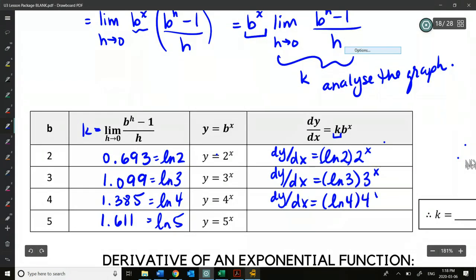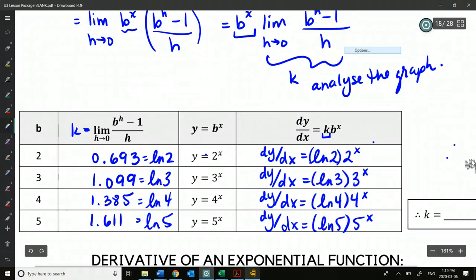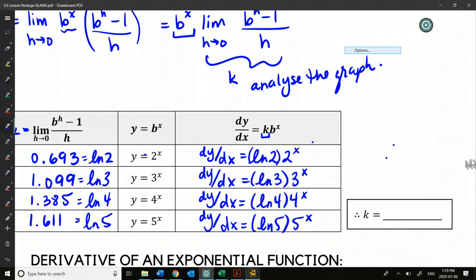Ln 4 times 4 to the x, and then same thing with 5. Okay, so we can say if our base is b, then the k value that we're multiplying by after we do the derivative will get the base and its exponent back, and then we have to multiply by the ln of b. So ln of b, whatever the base of the exponential is.